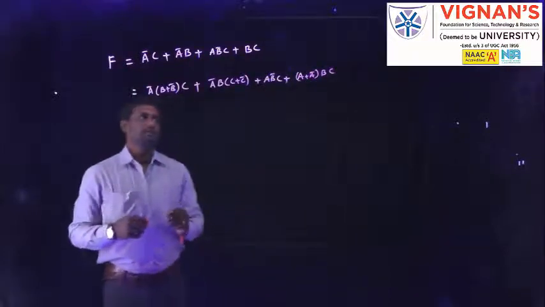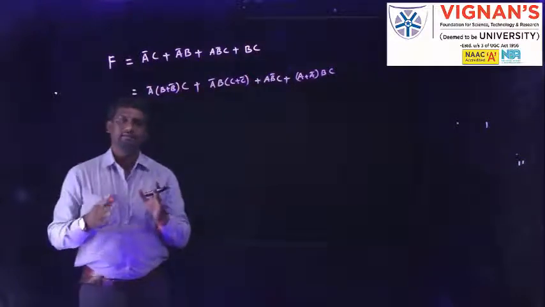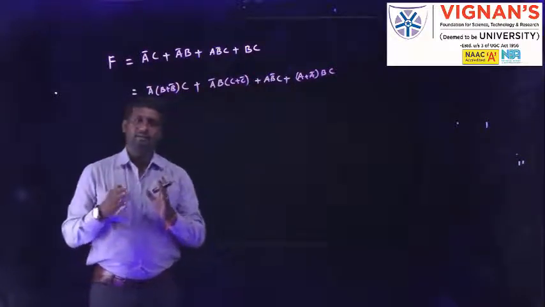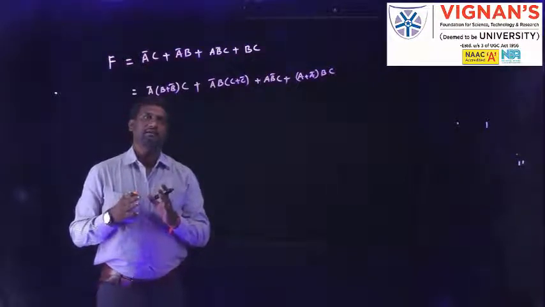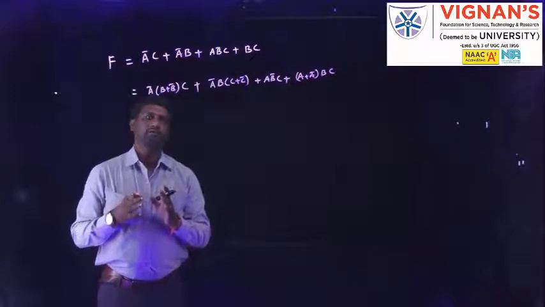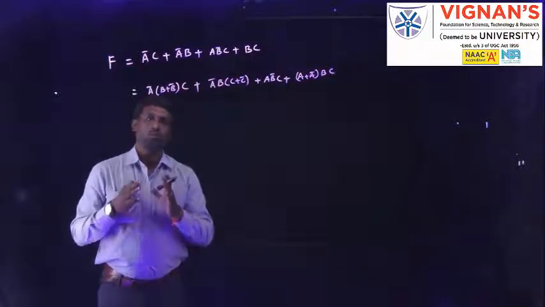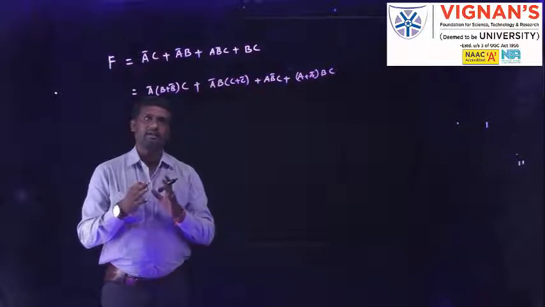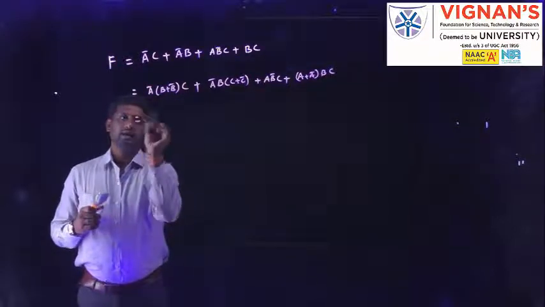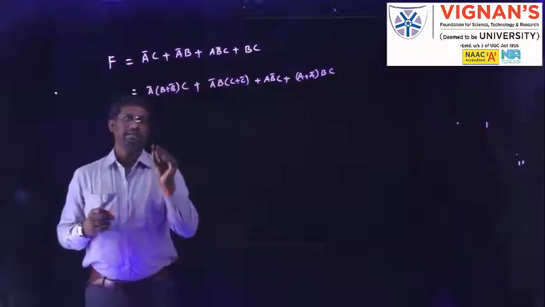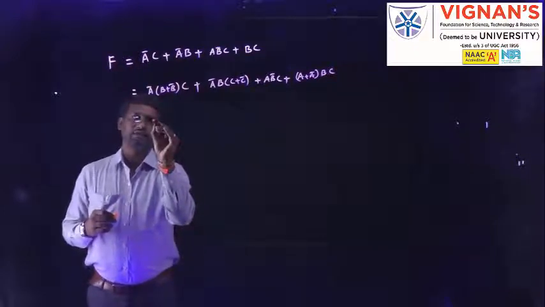That means, what we have done here is, for whichever variable is missed in the term, I am multiplying the term with 1 and replacing that 1 with the complementation law. So now I am rewriting the expression in this format.